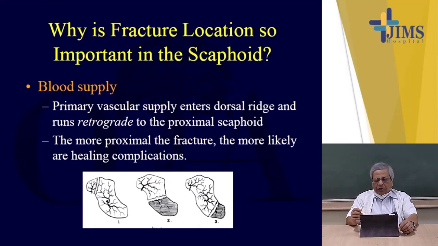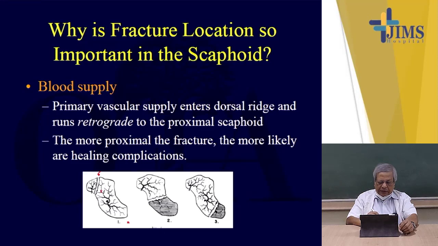Why is fracture location so important in the scaphoid? This is the proximal part, this is the distal part, this is the tubercle. The primary vascular supply enters at the dorsal ridge, from here, and runs retrograde to the proximal scaphoid.